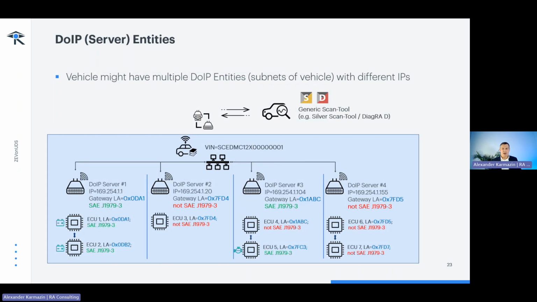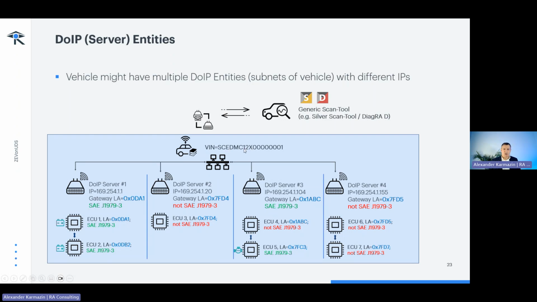The interesting part about DoIP is that we are speaking about so-called DoIP server entities, which are located inside the vehicle and represent the subnets of the vehicle. There might be several of them. Let us have a closer look at this diagram. We have a generic scan tool like Silver Scan Tool or Diagram D, communicating over the OBD interface to the vehicle. The vehicle is capable of establishing Ethernet communication.